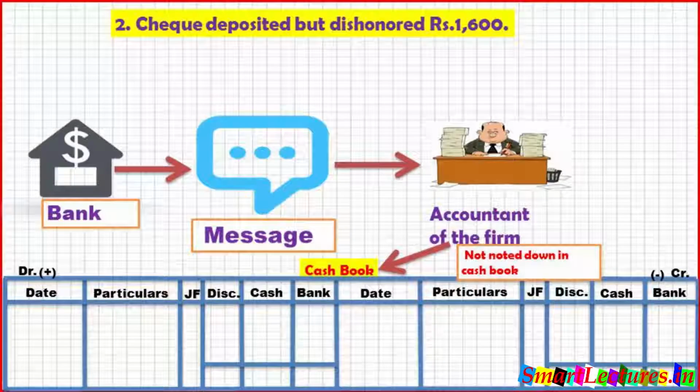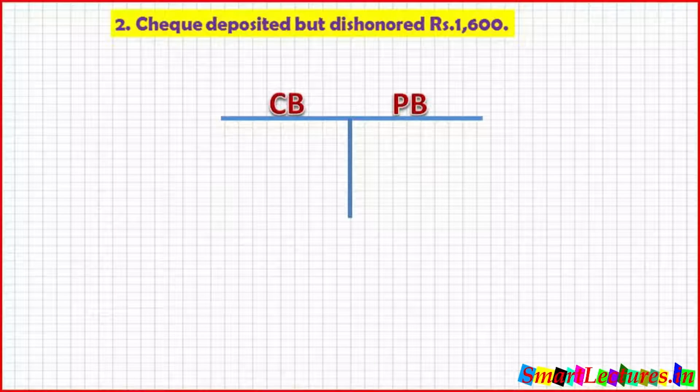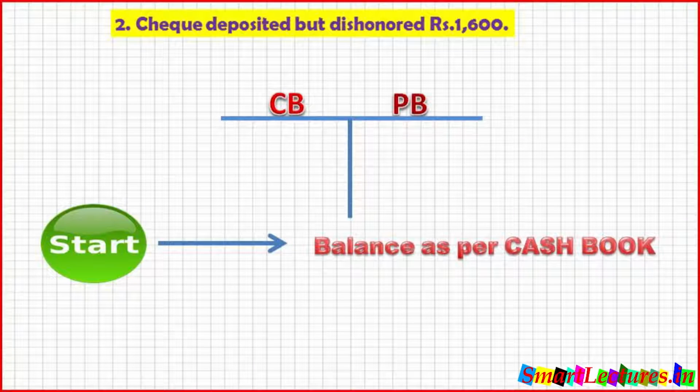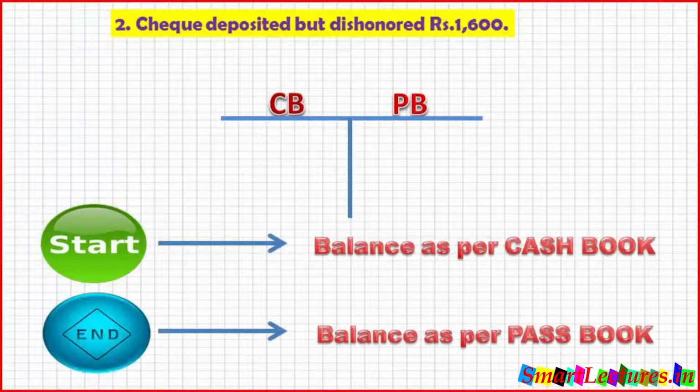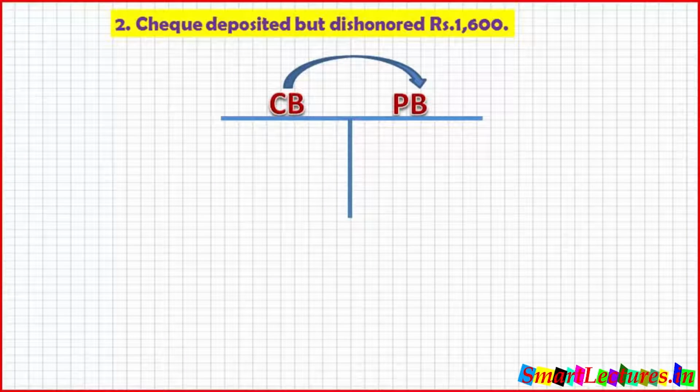So come to the T graphic. The question has started from cash book, and we will reach the balance as per passbook. So cash book to passbook. So our arrow will start from cash book and will reach passbook. It means cash book was showing plus 1,600, but passbook was showing 0.